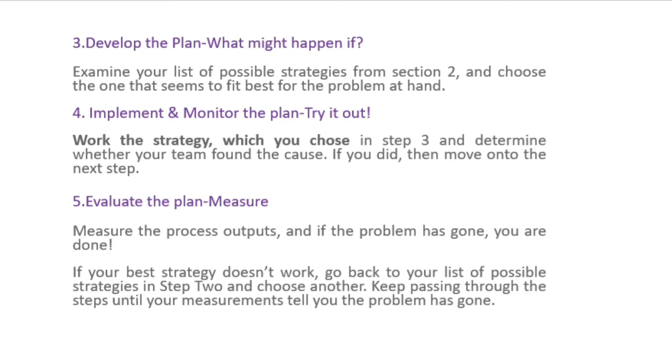If your best strategy does not work, go back to your list of possible strategies in step 2, and choose another. Keep going through the steps until your measurement tells you that the problem has gone. That is the fifth step of the problem solving method, that is evaluate the plan and measure.